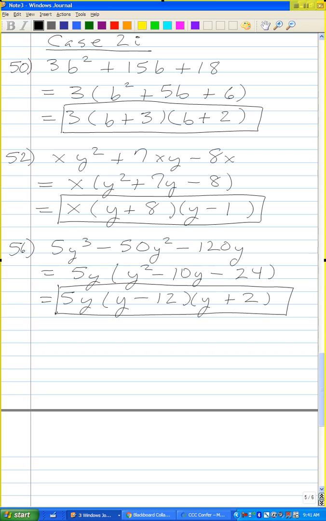You're done? Okay, so let's look at case 2. In this case, we're going to try to factor, but it's not a monic polynomial, and unfortunately, no matter what you do, it's still going to remain non-monic. So you have 2x squared plus 9x plus 10.